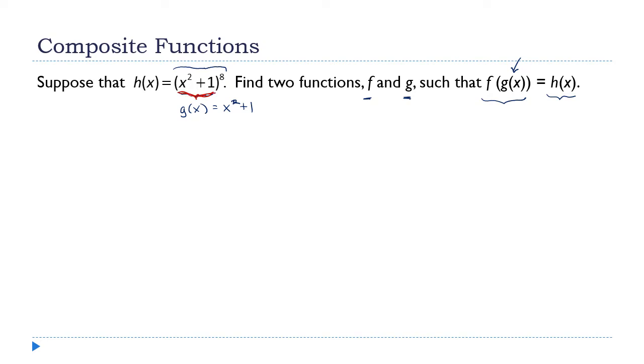Then I'm going to let f of x equal that outside function. I'm going to let this be x to the 8th. You can confirm this real quick now. If you look at what is f of g of x, well, that's f of x squared plus 1, which is x squared plus 1 to the 8th. It is my original function.